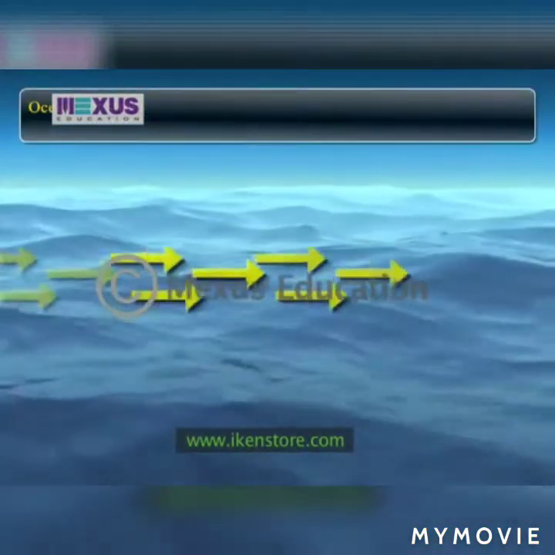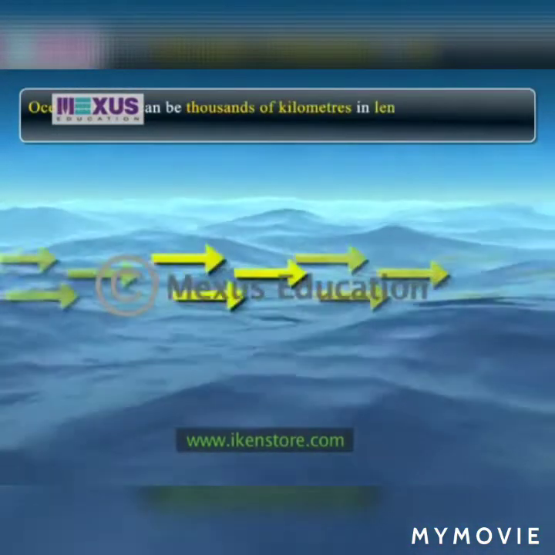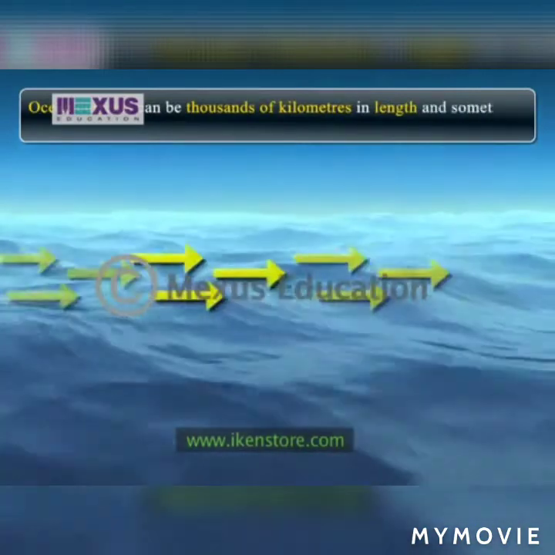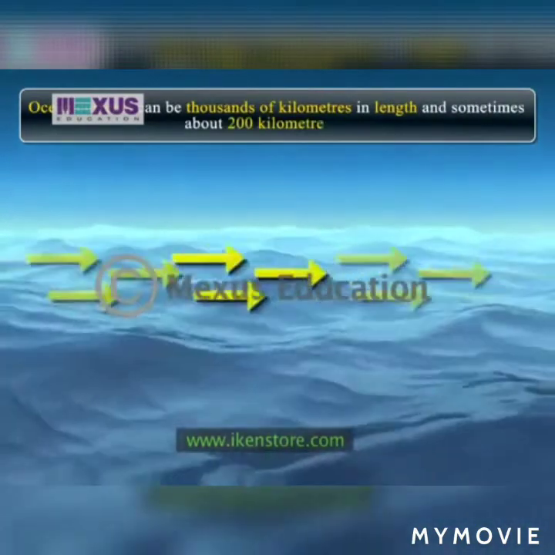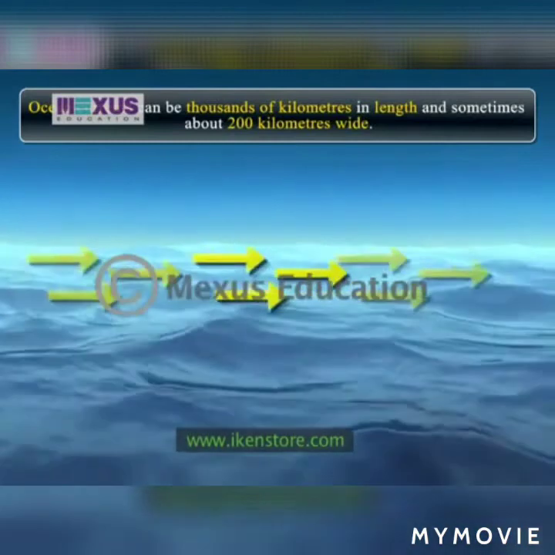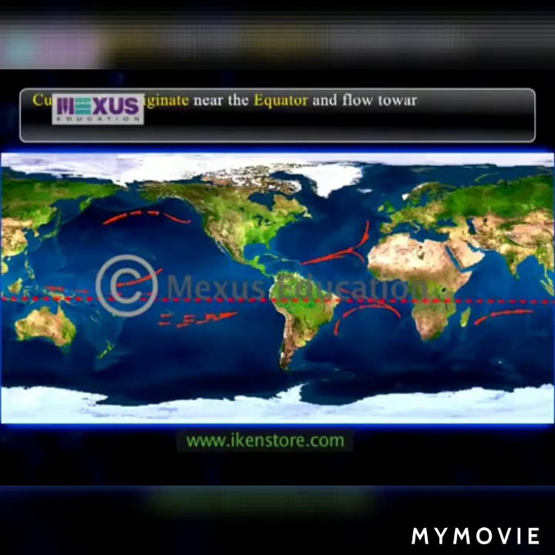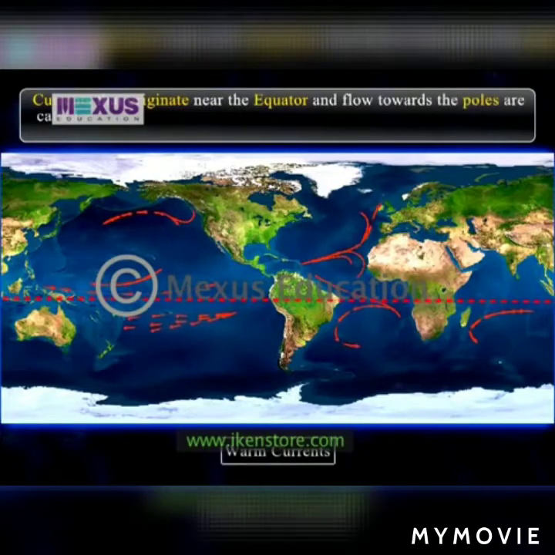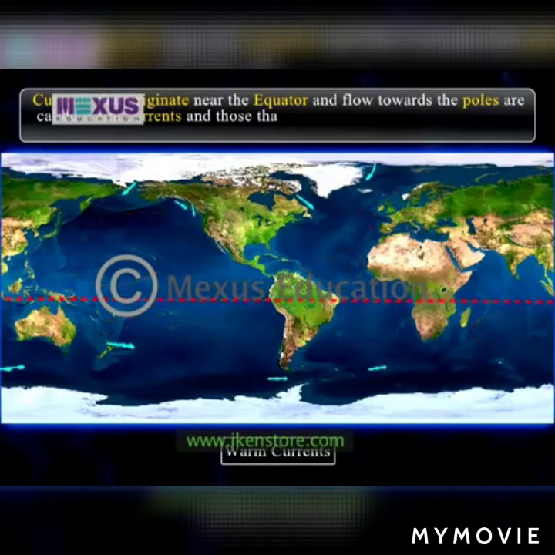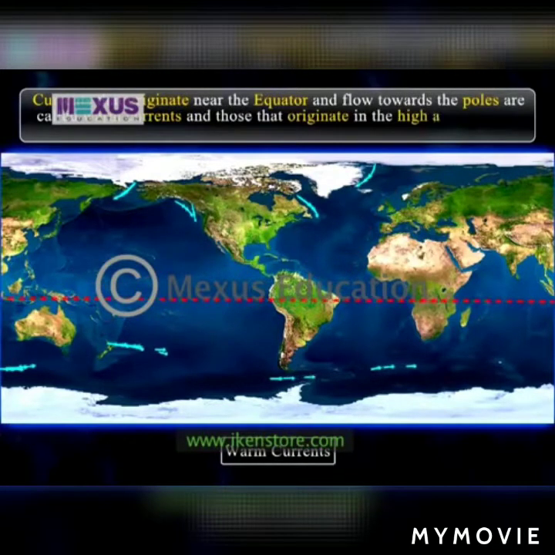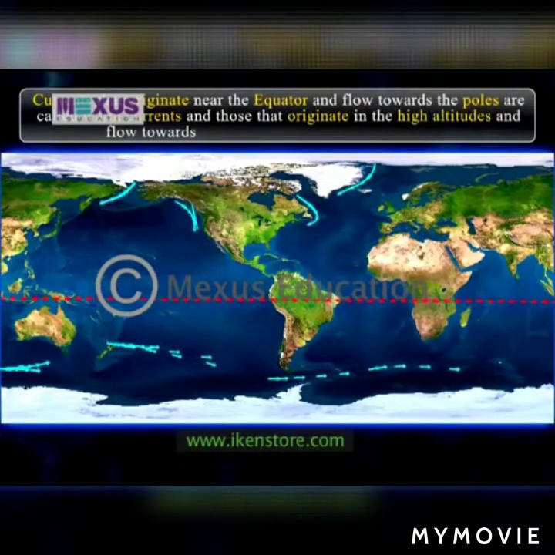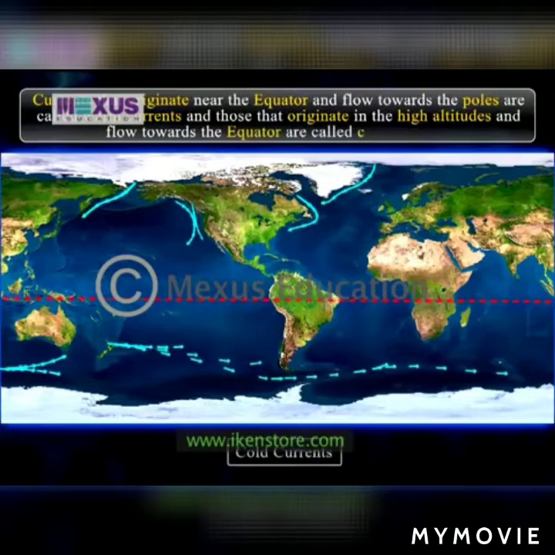Ocean currents can be thousands of kilometers in length and sometimes about 200 kilometers wide. Currents that originate near the equator and flow towards the poles are called warm currents, and those that originate in the high altitudes and flow towards the equator are called cold currents.